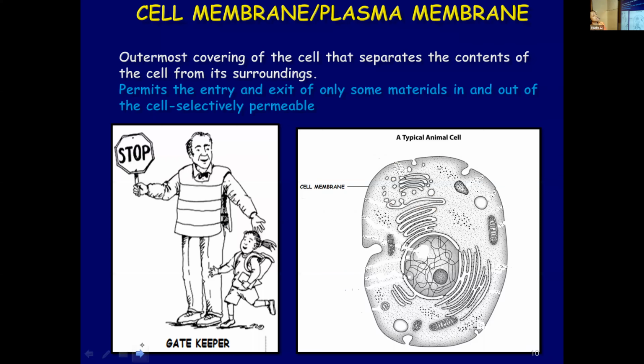It's the outermost covering of the cell and it separates the contents of the cell from its surroundings. So cell membrane or plasma membrane forms the outermost covering of the cell and it separates the contents of the cell from the surroundings. So we can distinguish different cells because of this boundary. If you take the case of a school, in school we have so many classrooms. How can we differentiate between different classes?